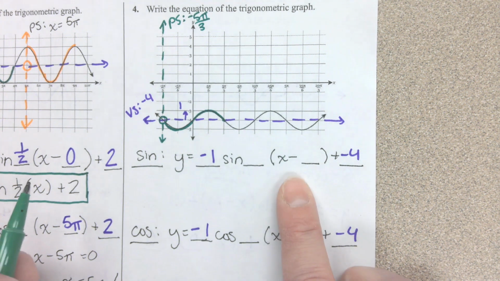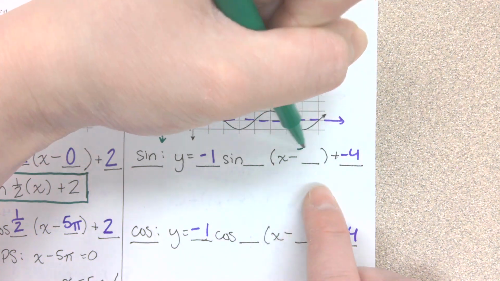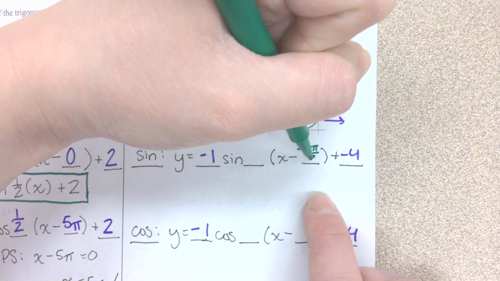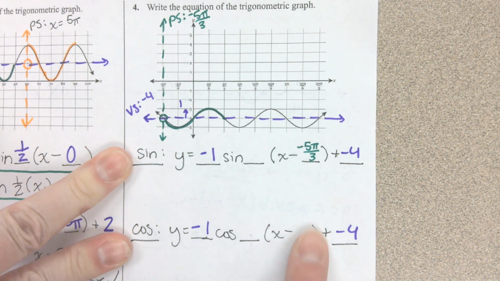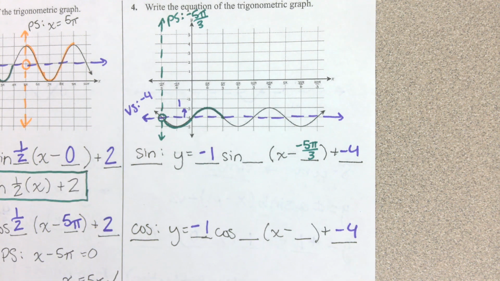So I can go ahead and write that into my sine equation. This is the main thing that will be different from the sine to the cosine graph: they will have different phase shifts because they have different starting points.